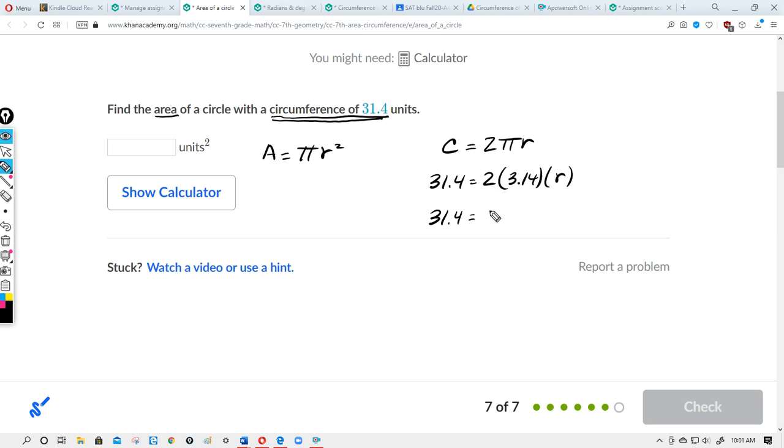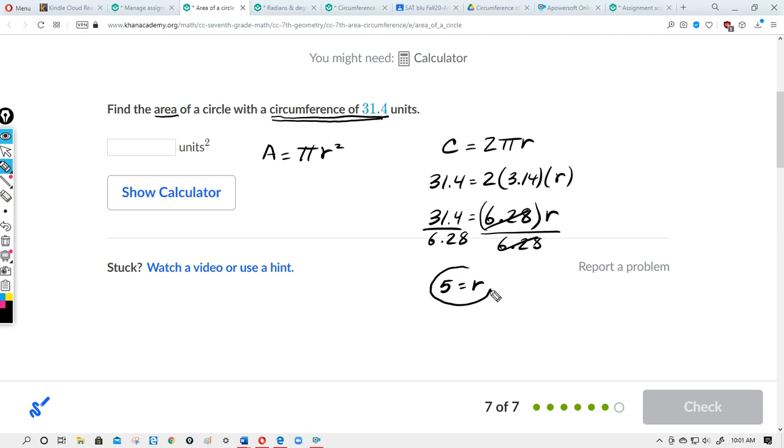2 times 3.14 is 6.28. And that's times r. Solving for r, we divide both sides by 6.28. And on the calculator, this is 5. And on the right, the 6.28's cancel.